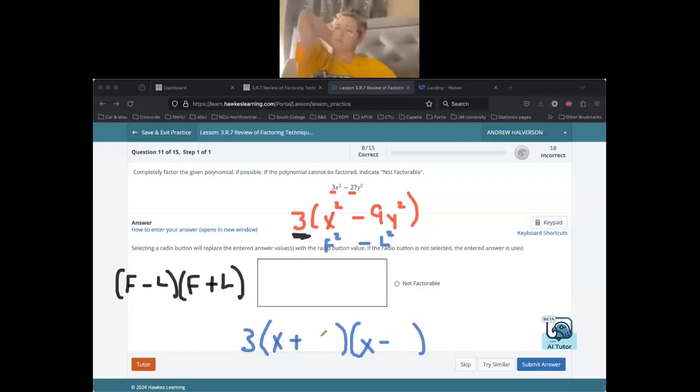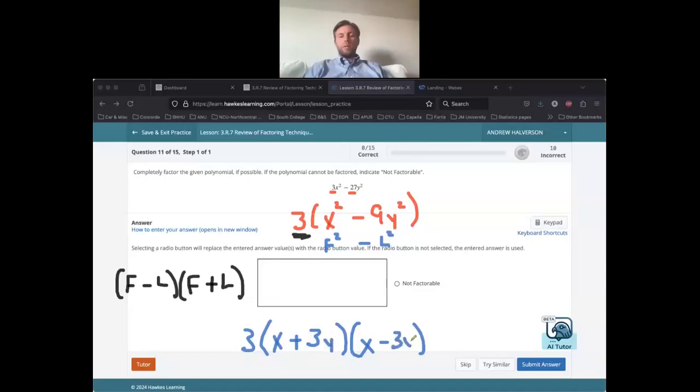More than that. 3y. Good. So one parentheses is plus, one parentheses is minus. There it is. This is a good test question because of the GCF in front.